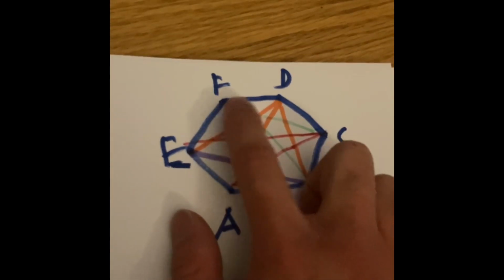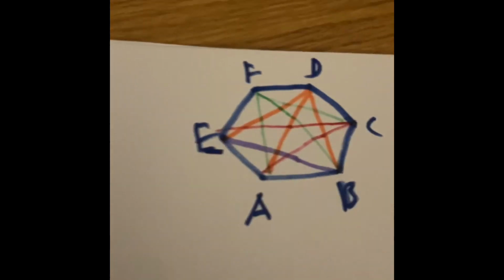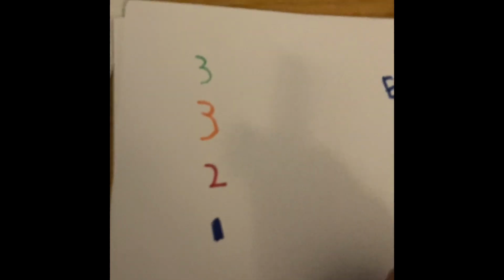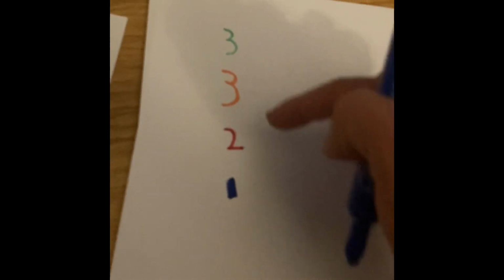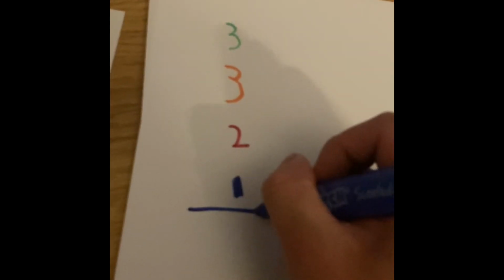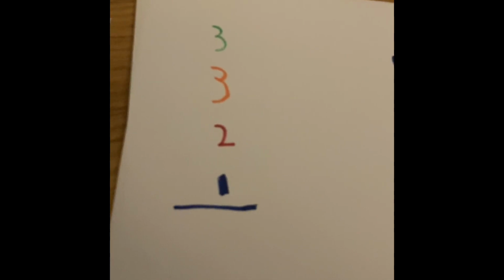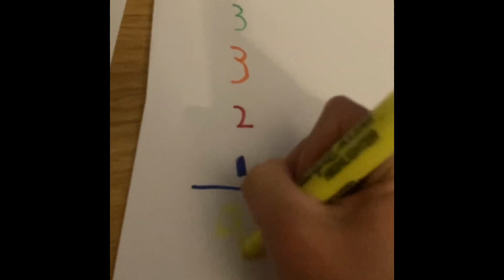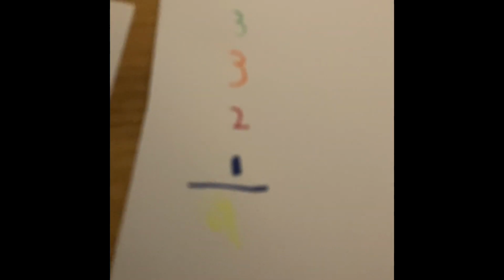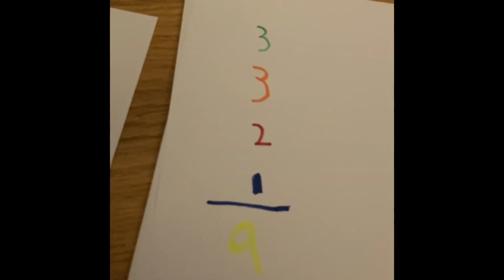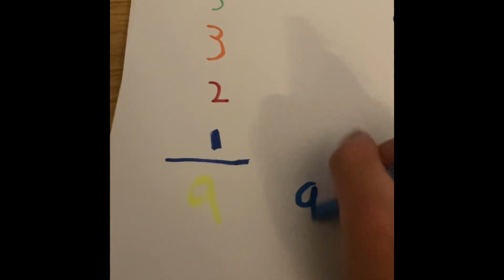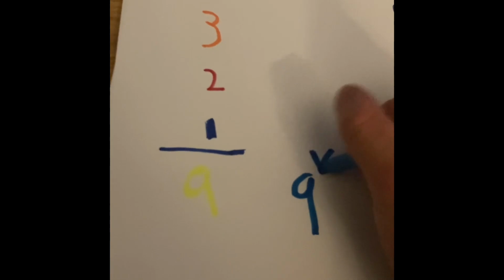So 3 green, 3 orange, 2 red, and for purple, we have 1. If we add all of them up, 3 plus 3 is 6, plus 2, plus 1 is going to be an answer of 9. So we have 9 total diagonals.